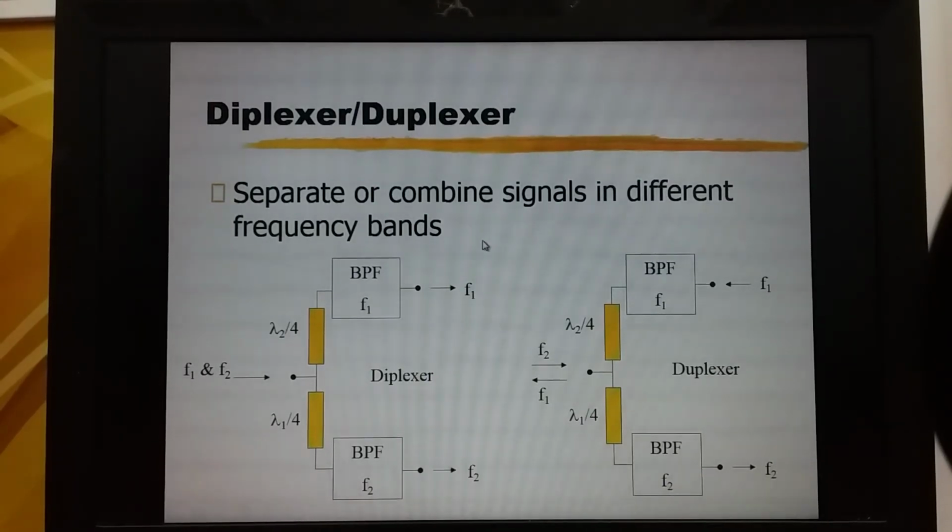We can make use of the bandpass filter to make a diplexer or a duplexer. A diplexer is typically the same as a duplexer. The difference is only in terms of the application. A diplexer is to split two frequencies into separate channels.